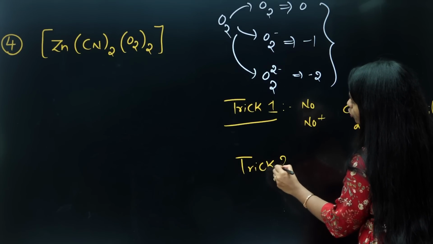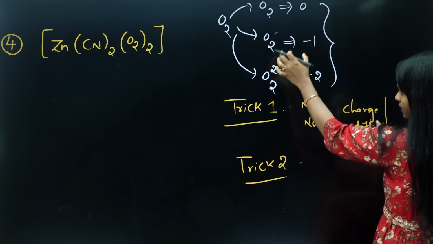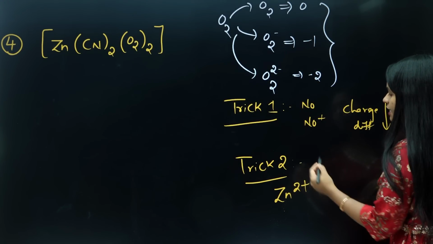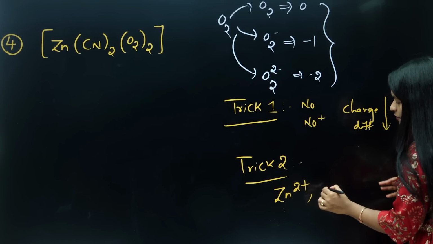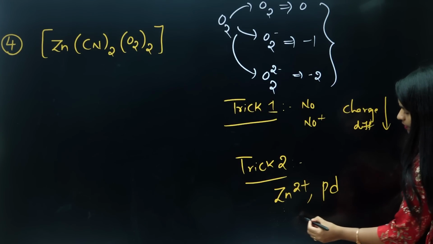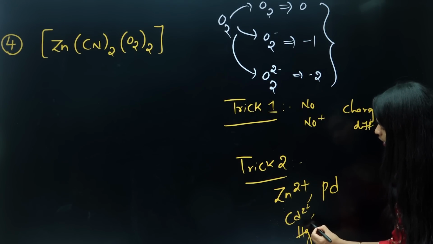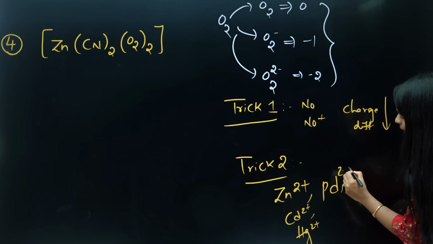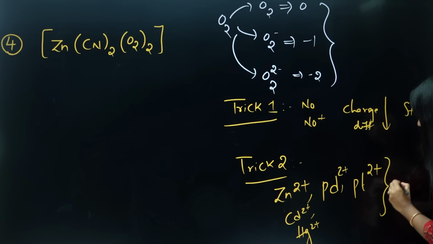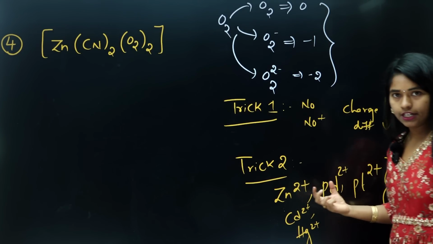It is for O2. In case of O2, these 3 are the possibilities. Mostly you will get the question with respect to zinc, in the case of zinc and in the case of cadmium, mercury. Zinc, cadmium, mercury, or palladium, platinum. These are the examples in which metal ions are in +2 oxidation state.